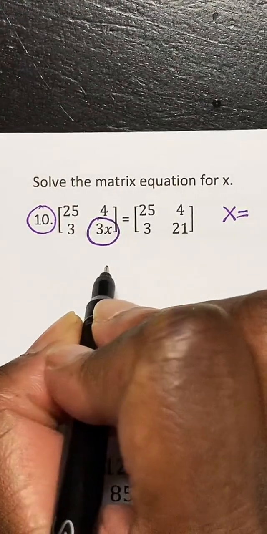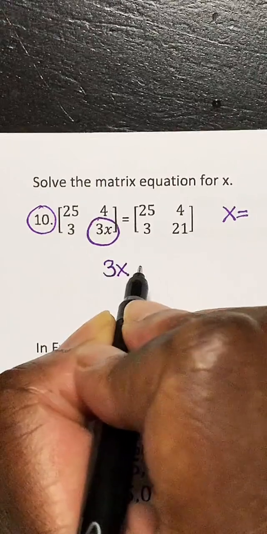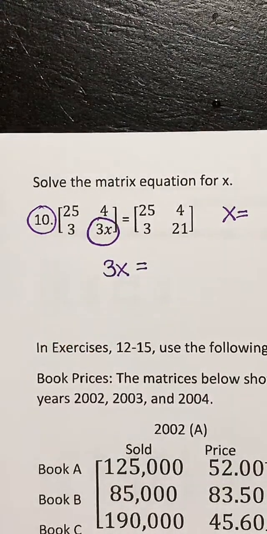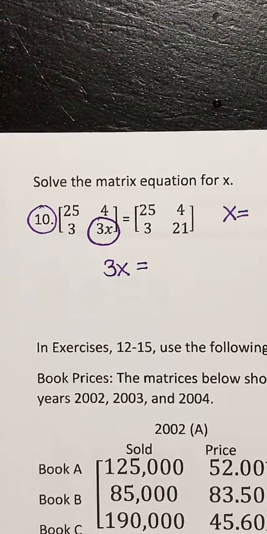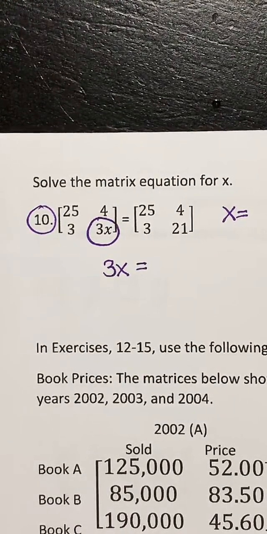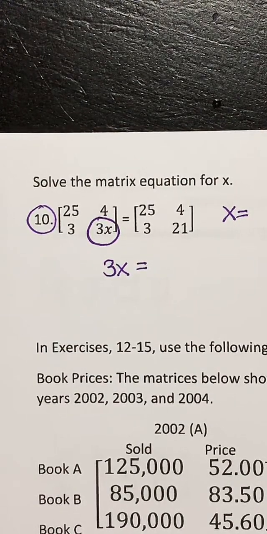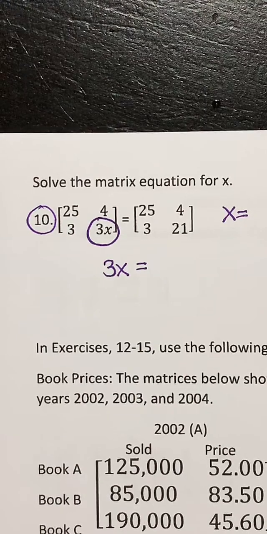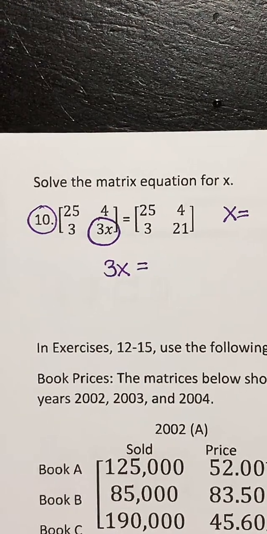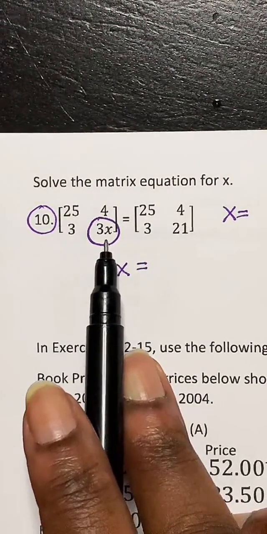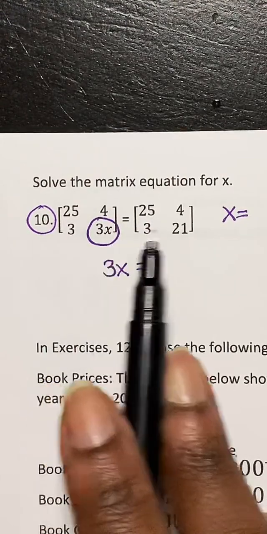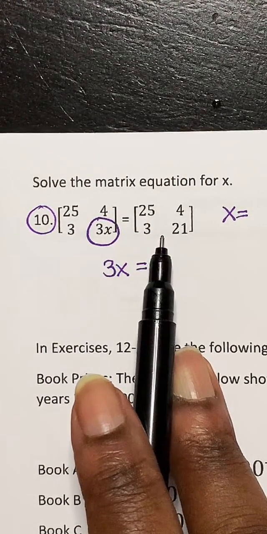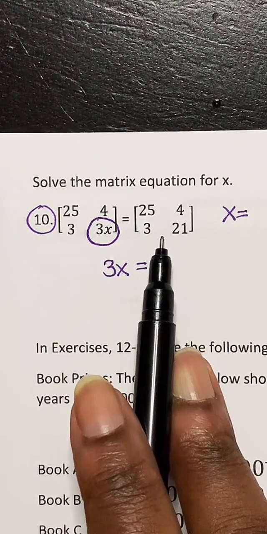What matches it? Okay, Joe's saying 7. Michael's saying 7. Caleb, there you go. You're saying 7. So, how are we getting these 7s? What matches with this element of 3x in this second matrix?